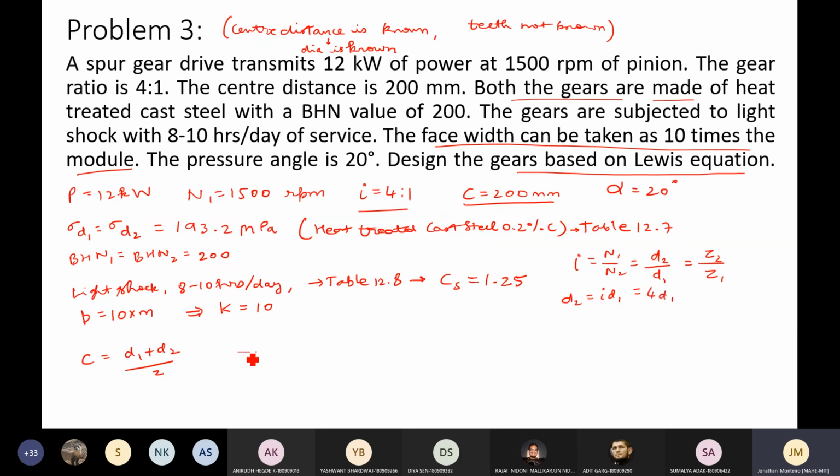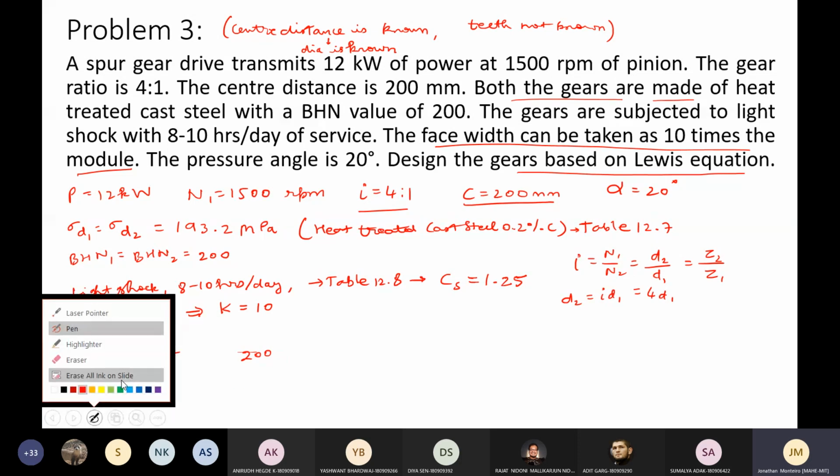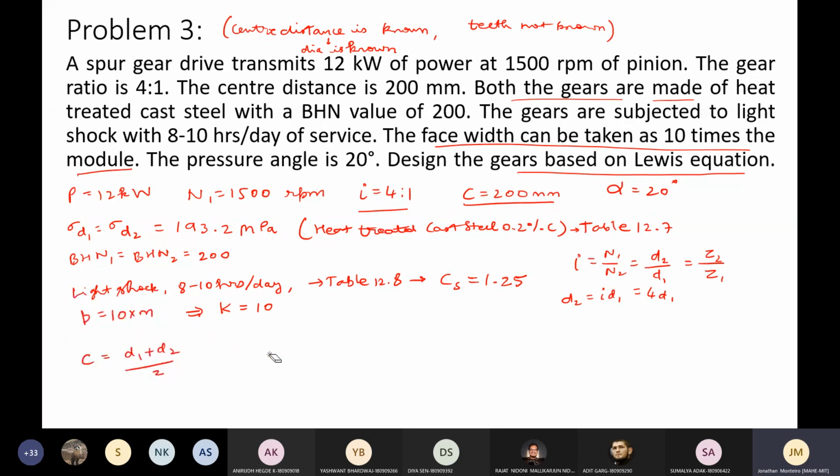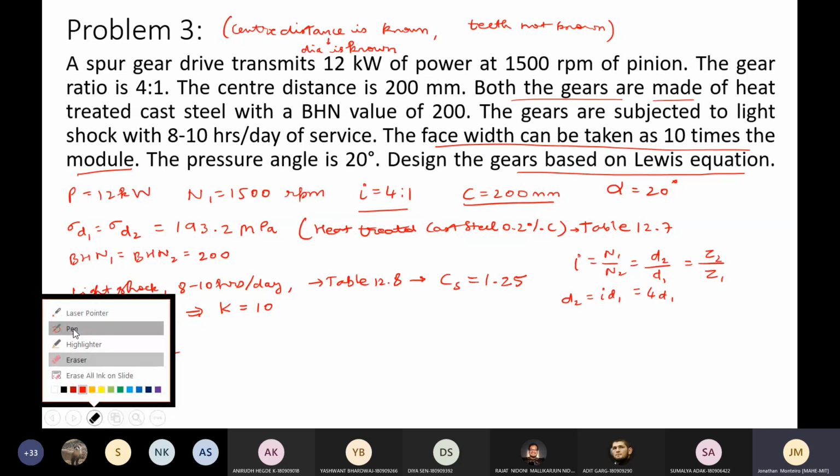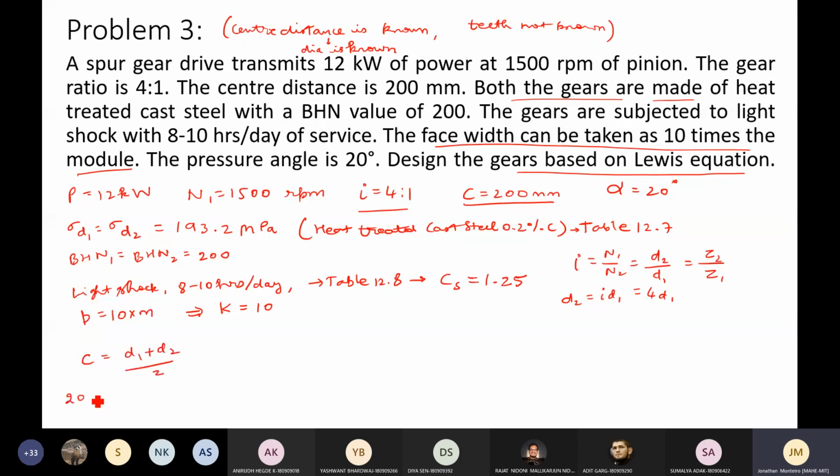So substitute it here. We have 200 equal to d1 plus 4 times d1 by 2. Then isolate d1. So solving, we have d1 is how much? Can you tell me the value?